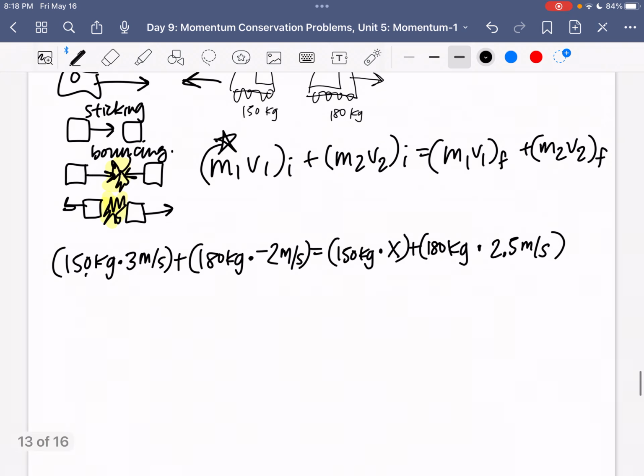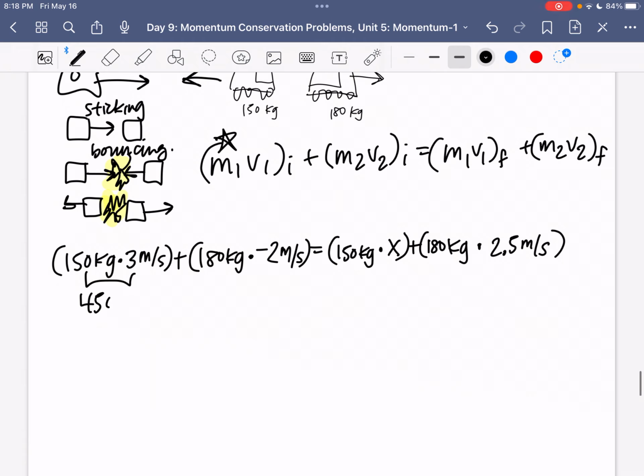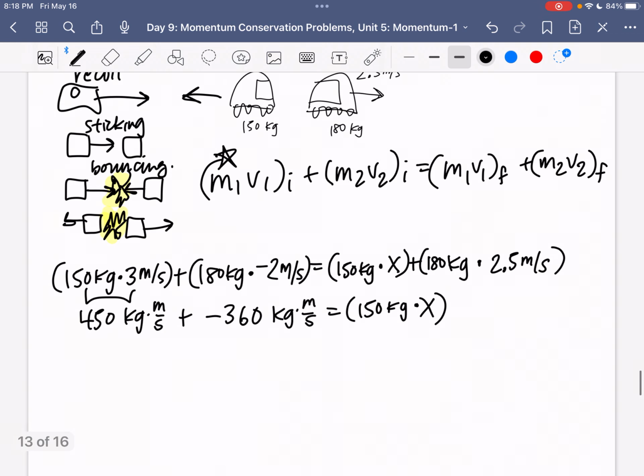Okay, so then 150 times 3 is 450 kilograms times meters per second, plus 180 times -2, which is -360, equals 150 kilograms times x, we don't know that, plus 180 times 2.5, so 450 kilograms times meters per second.